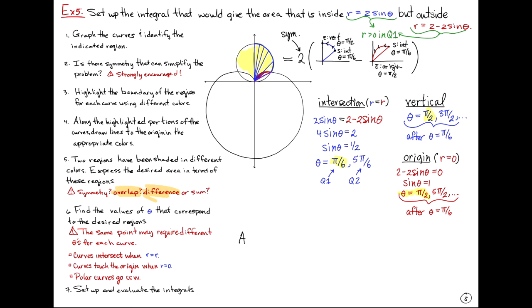We have that the area is equal to, let's note that we're using symmetry with the 2 out front, 2 times 1/2 the integral from pi over 6 to pi over 2 of (2 sine theta) squared d theta, minus 1/2 the integral from pi over 6 to pi over 2 of (2 minus 2 sine theta) squared d theta. And that's our final answer.